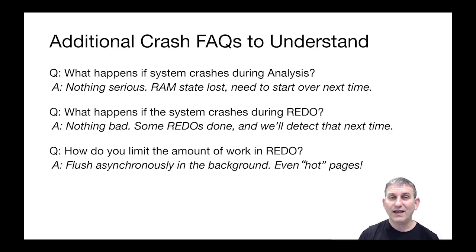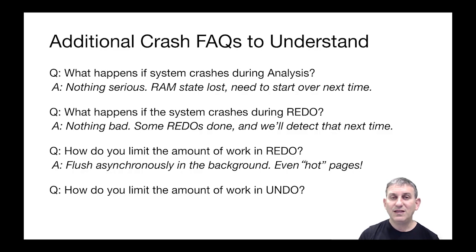In particular, you want to asynchronously be flushing pages in your buffer pool to the database, even if they're hot. So the root of a B tree, for example, might be very hot. It's constantly getting touched. It's constantly in memory. But if it gets updated, it should get written to disk in the background pretty quickly, even if you keep it in memory, so that it's not dirty anymore. The goal is to get things out of the dirty page table, even if they stay in the buffer pool.